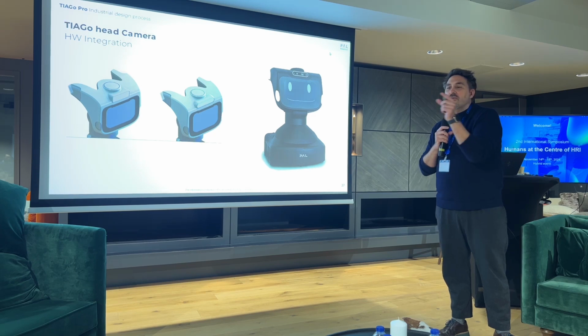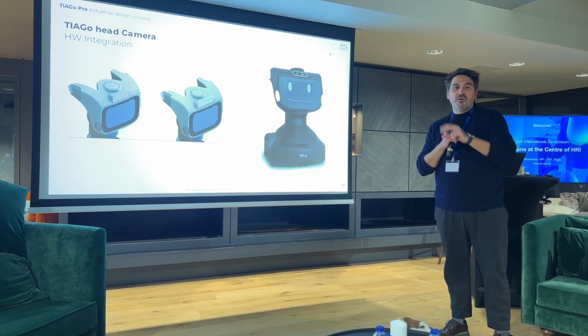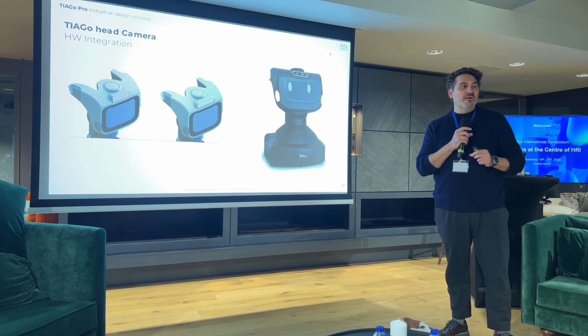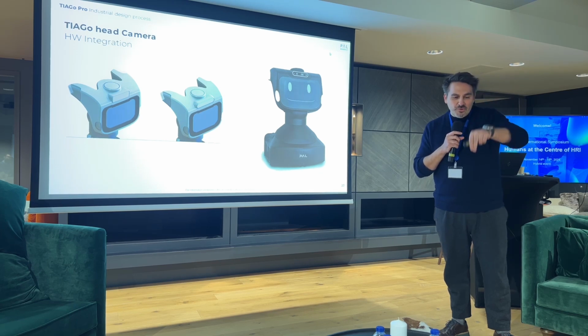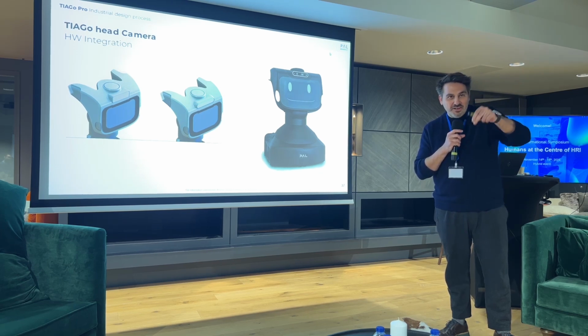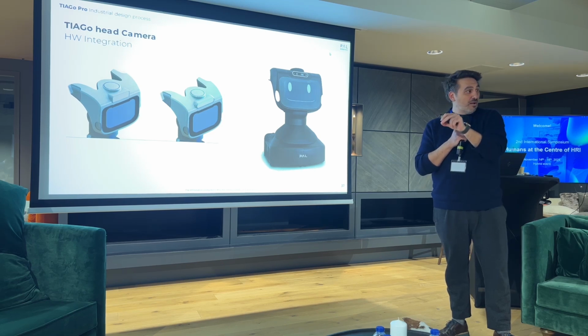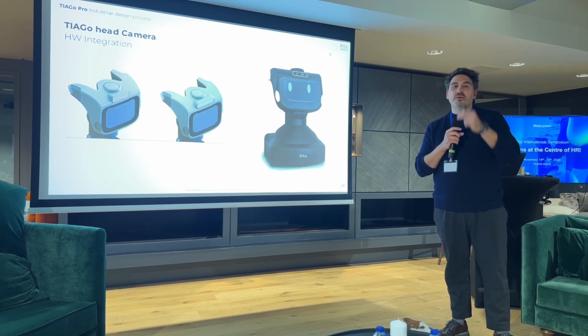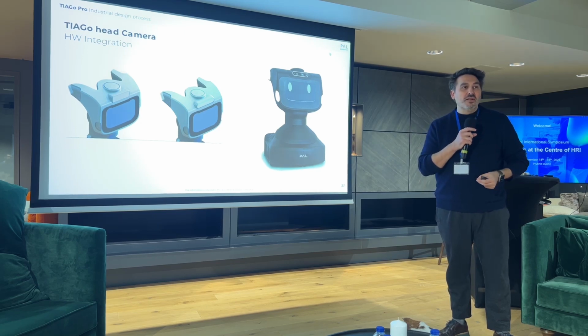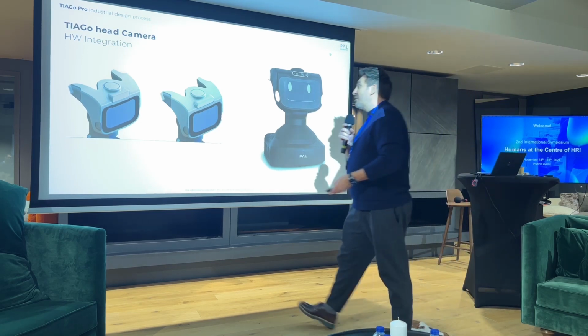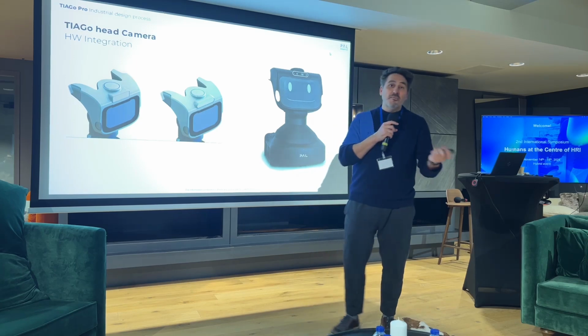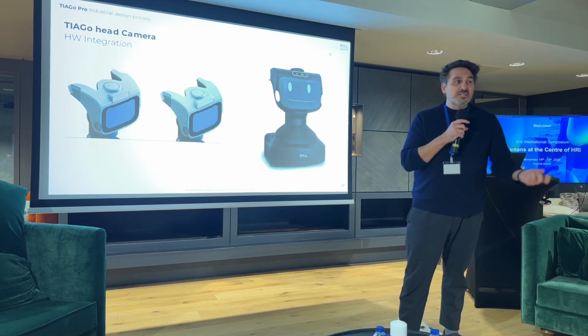You only need to remove 2 screws, take the cover, and extract the camera, and you have a USB-C there. You can remove the speaker and you have the power and USB-C there, and you can plug in a Velodyne if you need. You can change the camera if you need, and we can provide you a cover for the type of camera, and you can change this very quickly.